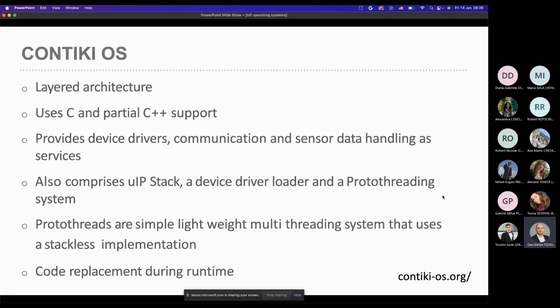Although the scheduler, from what I remember, is a cooperative multitasking scheme in which each thread runs its own context and then yields the processor to another thread. So proto-threads are a simple, lightweight multi-threading system. You have a stackless implementation for them.